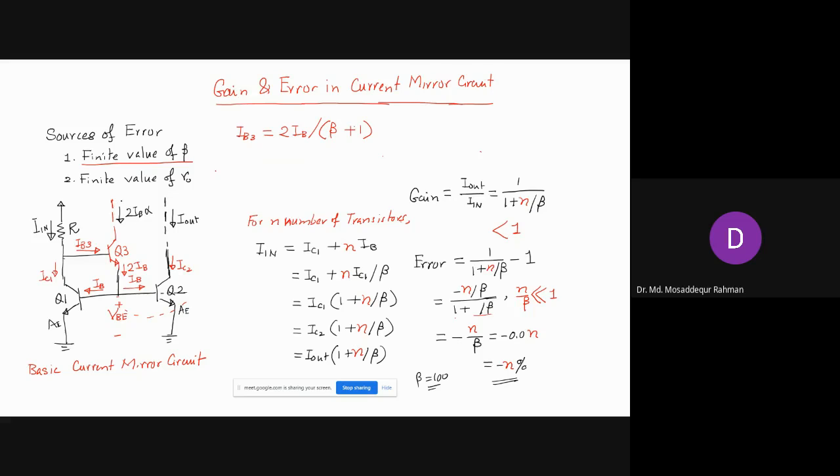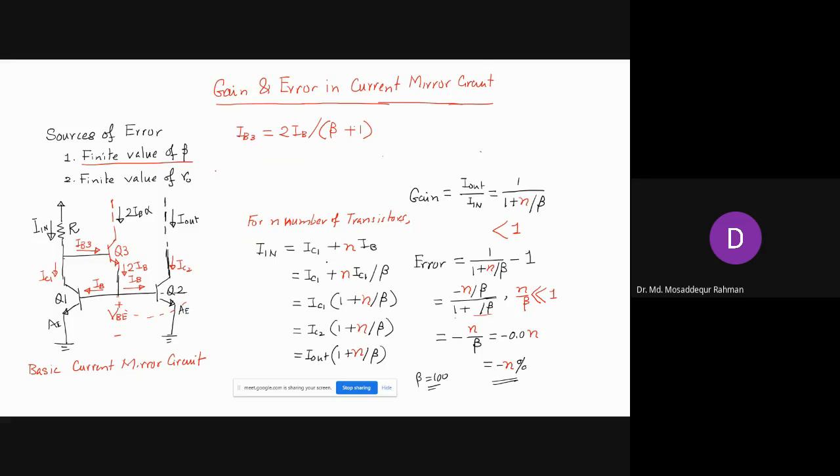So most of the current is basically supplied by Q3, and only a fraction will come from I in. So I in will get much closer to IC1, and IC1 is IC2, which is equal to I out. So I in and I out will now be much closer. Gain will be much closer to 1, and error will be reduced. Now let's see what the error is with the new circuit.